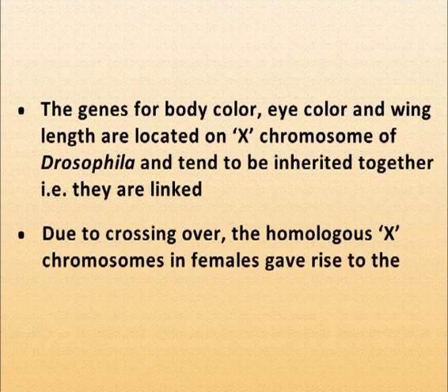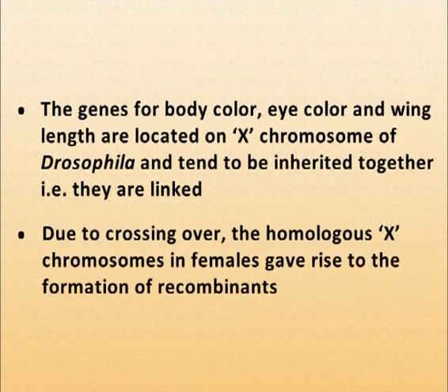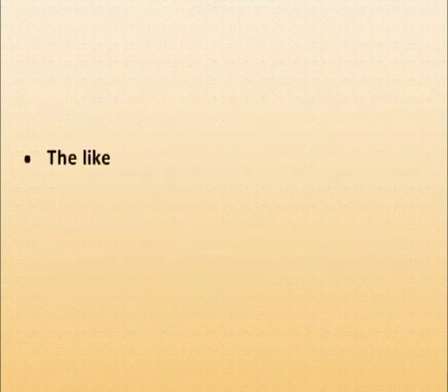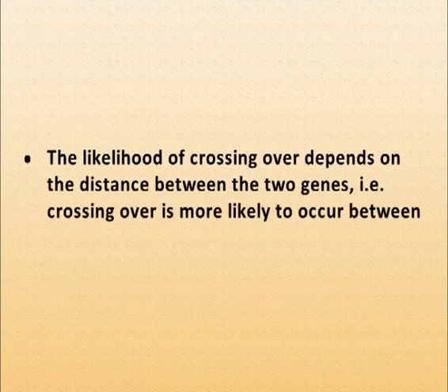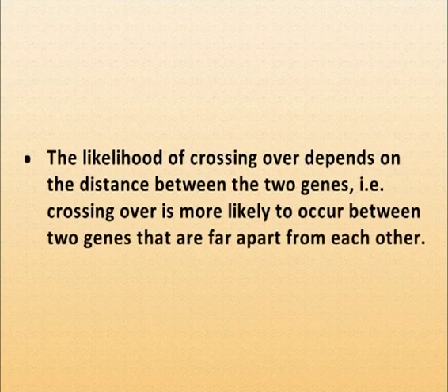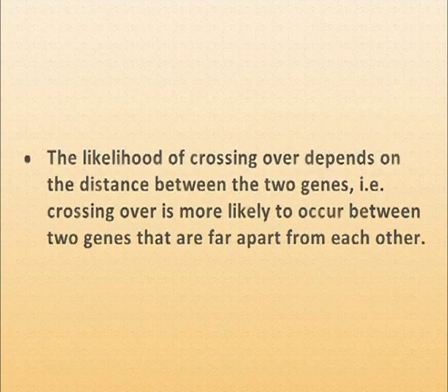Number two, due to crossing over, the homologous X chromosomes in females gave rise to the formation of recombinants. Number three, the likelihood of crossing over depends upon the distance between the two genes. That is, crossing over is more likely to occur between two genes that are far apart from each other.